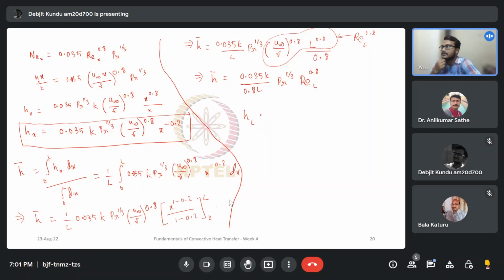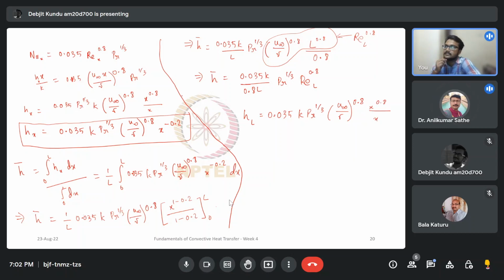So we got our first part, the average part, and we have to take the ratio with h at x equal to L. What is that? That is 0.035 k, Prandtl number, u infinity by nu to the power 0.8, and this x to the power minus 0.2, I am again writing as x to the power 0.8 by x.